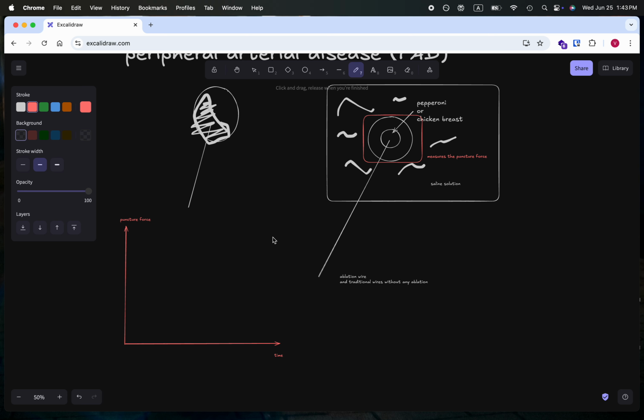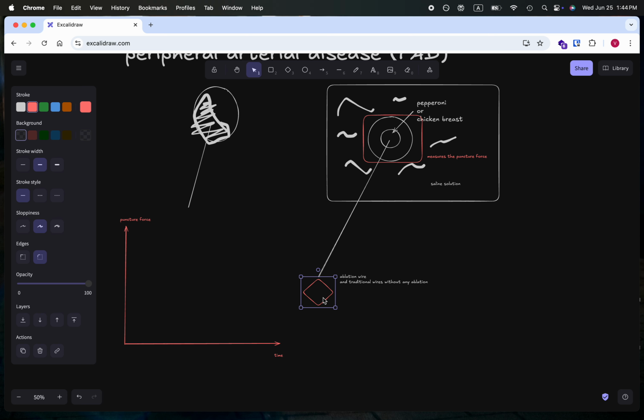So while we are waiting on this, a little fun fact. I actually visited the company that produces this ablation wire, as well as, obviously, it connects to a machine, right? It doesn't just generate electricity on its own. So I'm going to put this diamond shape to represent the machine.